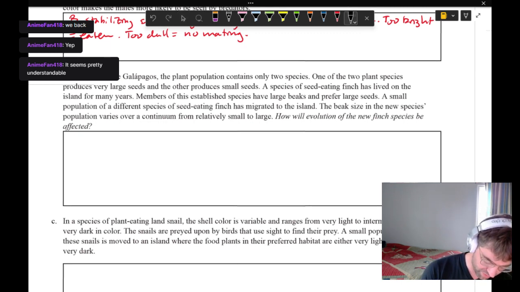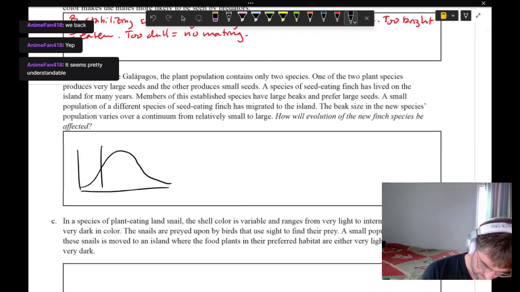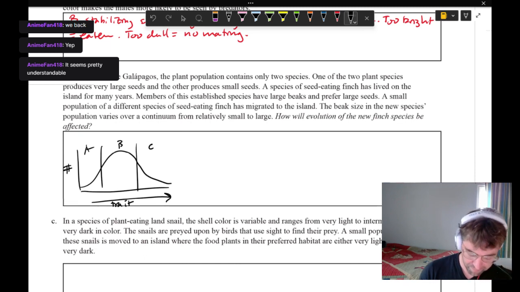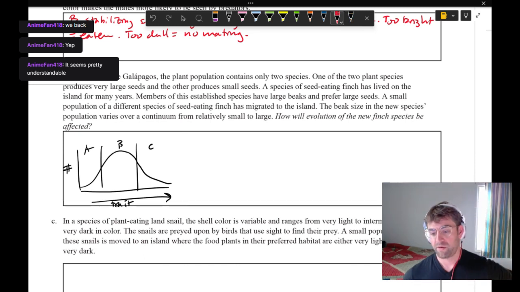I'm going to go ahead and redraw our chart here. We have large seeds, we have small seeds, we have large beaks that prefer large seeds, and then a new population of birds that has a continuum.